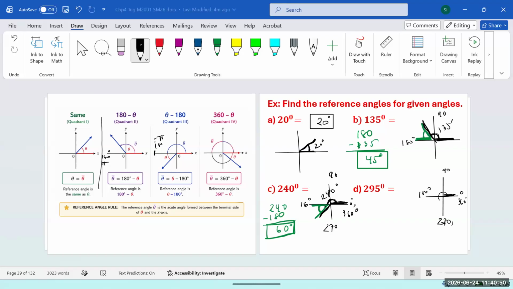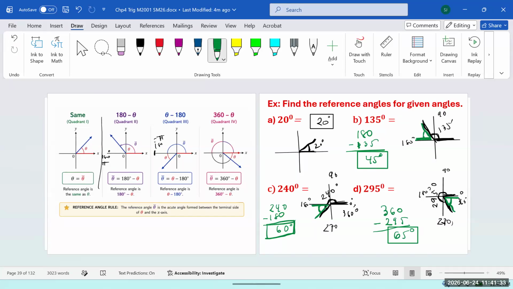We cross 90, 180, 270, and somewhere here we have 295 degrees. So for this one, what is our reference angle? 360 minus 295, 65. So we have 65 degrees, which is this tiny angle here between the positive x-axis and the terminal side of the angle. It's easy, right? Not bad.